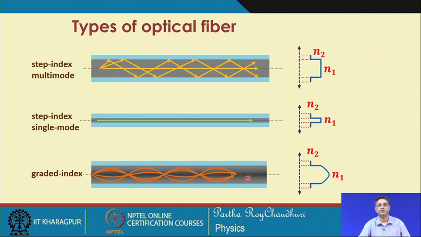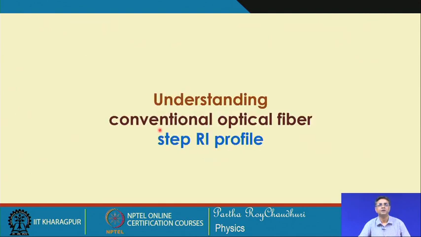Graded index fiber, as we have discussed for the graded index slab waveguide: at the center the refractive index is high, the maximum value is n1, and as you move radially outward, the refractive index falls to a constant value of n2 at the cladding.